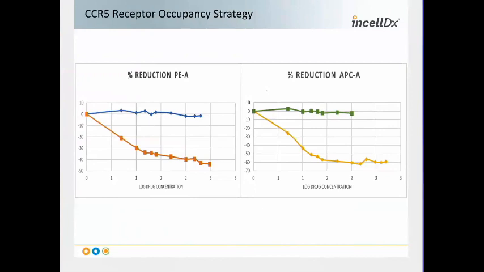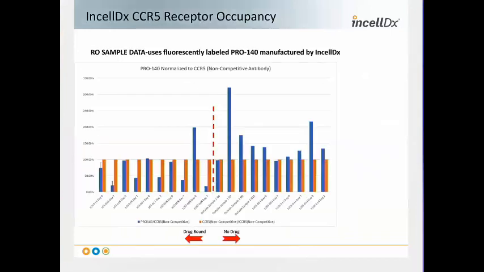The red line and yellow line, conversely, reflect serial increases in drug concentration and inhibition of antibody binding to CCR5. The combination of a non-blocked antibody and a blocked antibody and looking at that ratio is critical in COVID, HIV, and cancer, where CCR5 is becoming extremely important in terms of being a new immuno-oncology target.